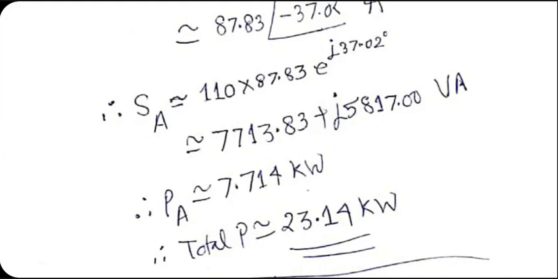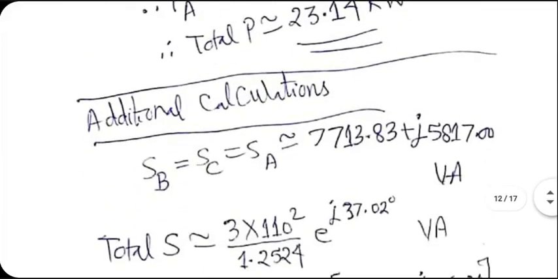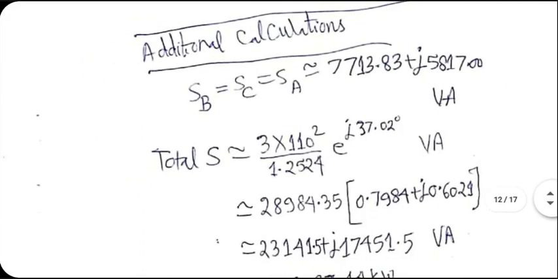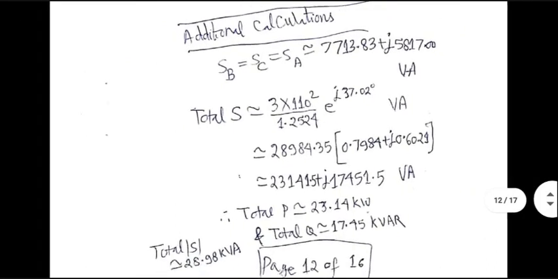It's a balanced system. So for the other phases also, you'll get the same S. SB and SC will be same as SA. So you can easily say that the consumed power will be 3 times the consumed power in phase A. And reactive power also will be 3 times the reactive power you are seeing in phase A because of the balanced nature of everything. I've shown that in detail here.